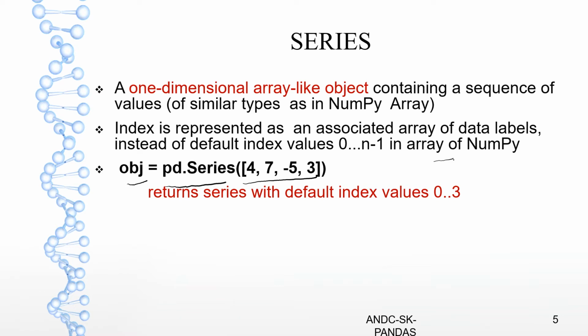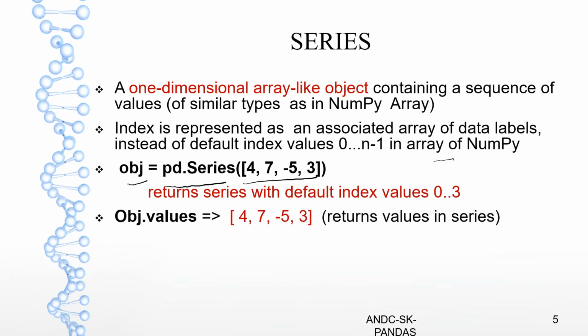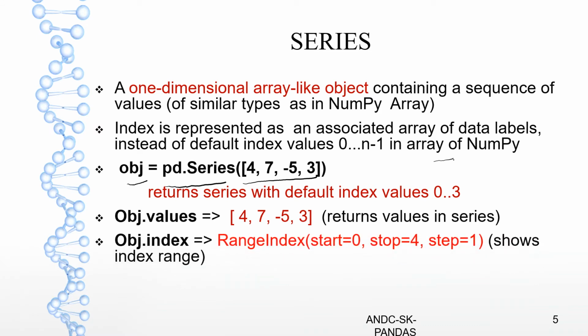Now if I just want to see the values of the elements, I will write obj.values. If I have to know the index values, I will use obj.index. In this case these indexes are numeric indexes starting from the default value 0 till 3. So you will get a range that starts from 0, ends just before 4, that is 3, and increments in steps of 1. So the index range will be shown to you.